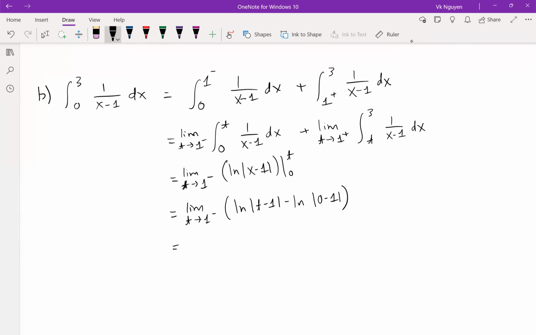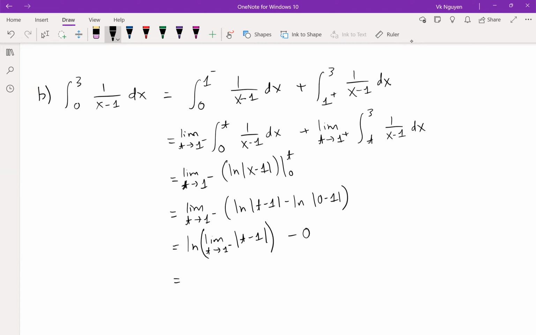So this is the limit as t goes to 1 on the left side of ln absolute value of t minus 1, minus, well, that is ln 1, which is 0.